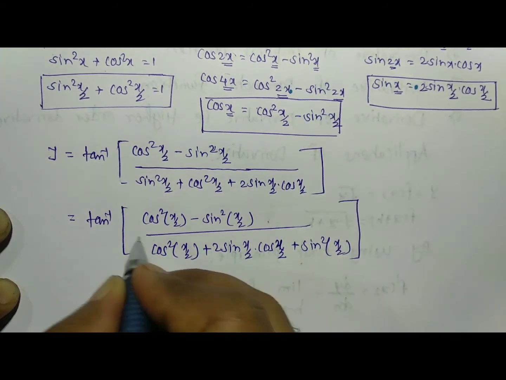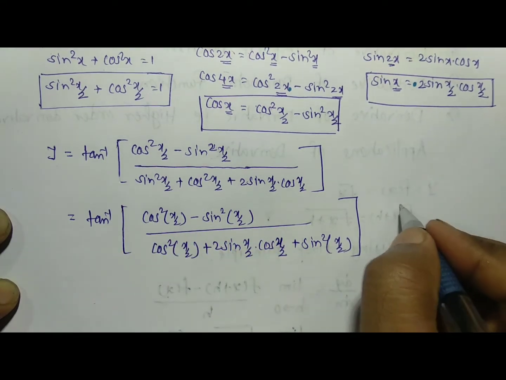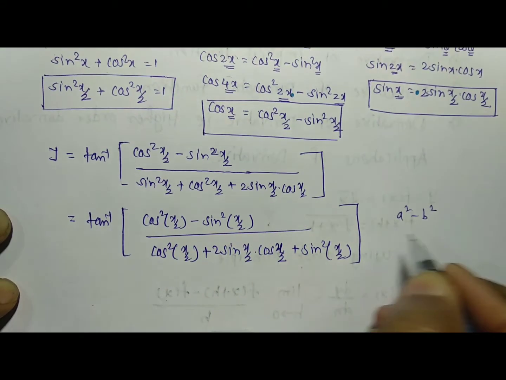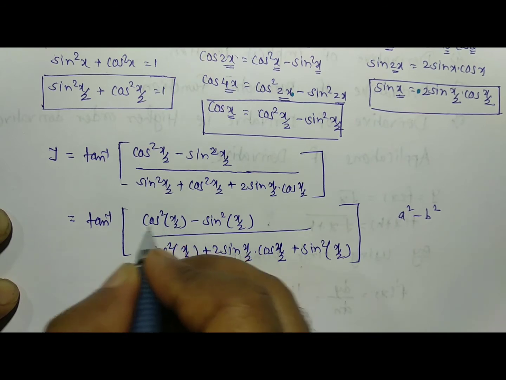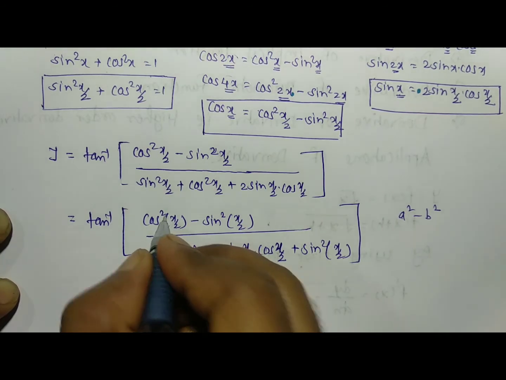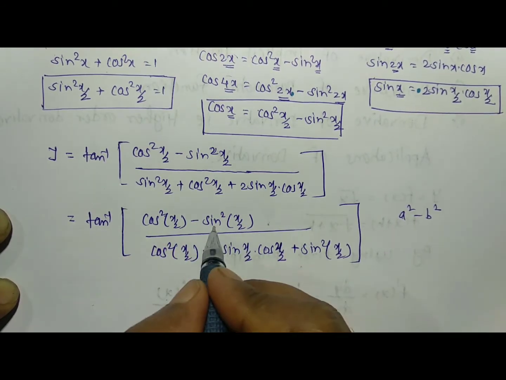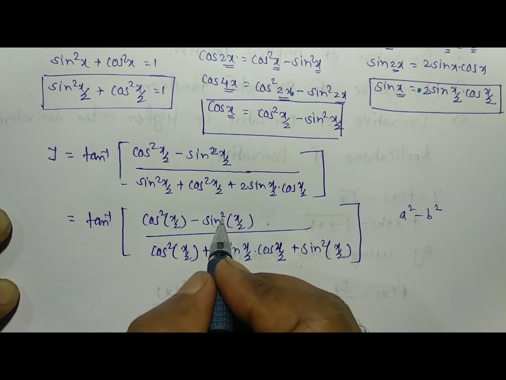And we have to think about that one. The numerator is nothing but a square minus b square, that means a is cos x/2 and this is the square of that one, and b is sin x/2 and square of that one.